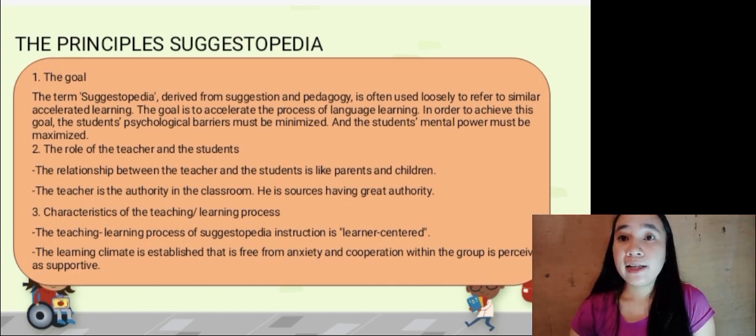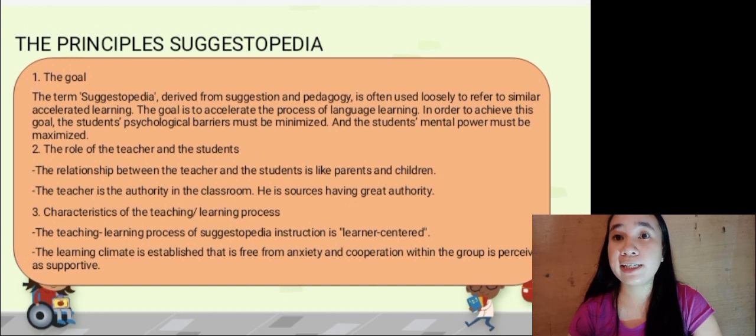And then the teaching-learning process of Suggestopedia is learner centered. Inside the classroom, they are free from anxiety and they are supportive and cooperative within the group. The classroom is a consciously designed learning environment.